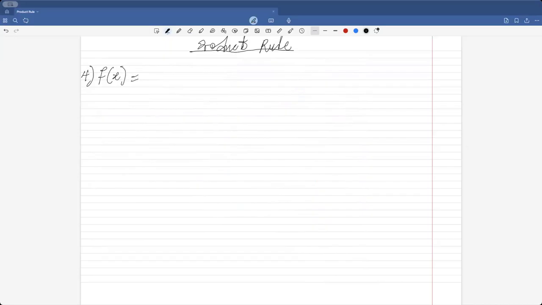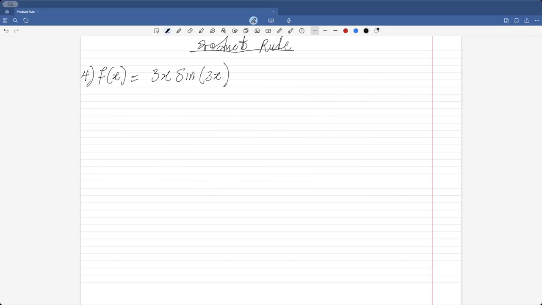f(x) equals, let's see, let's say we have 3x sine 3x.